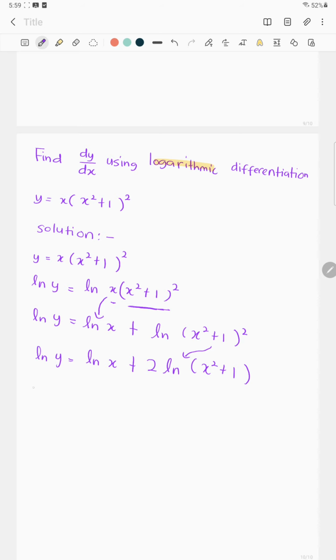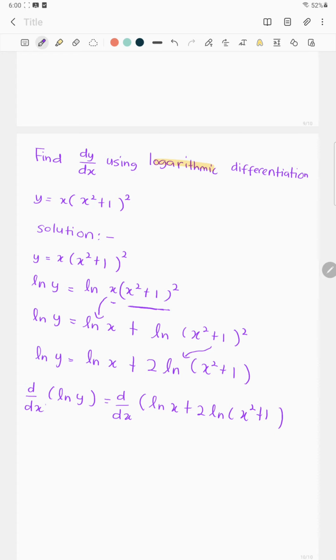Then since we need to find dy over dx, we need to differentiate the whole equation. At the left side we differentiate ln y, and at the right side we differentiate ln x plus the power times ln of x squared plus 1.